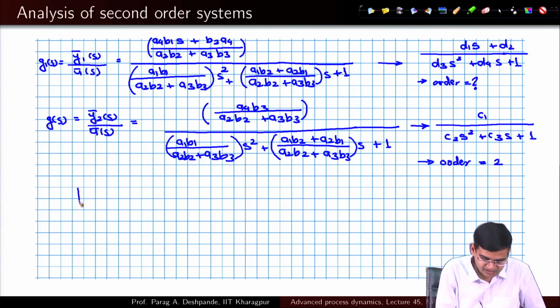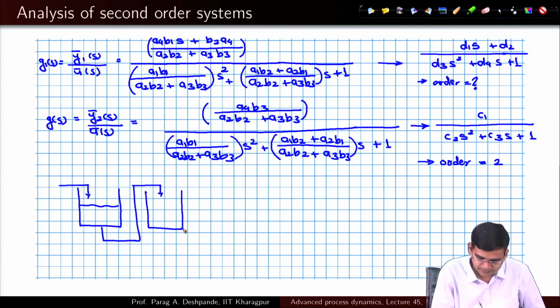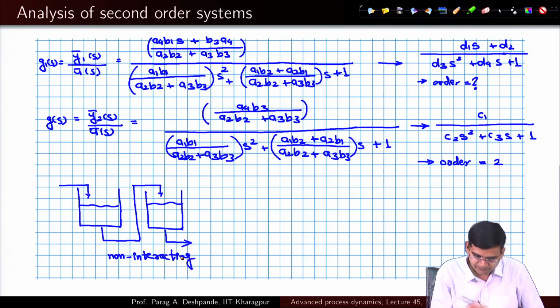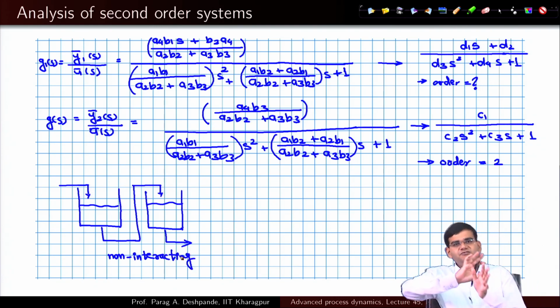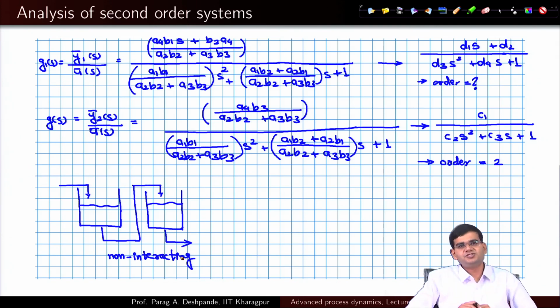Therefore, the arrangement which is given like this is called a non-interacting system, because if you remove any of the tanks downstream, the dynamics of the tanks upstream does not change, it is immaterial, they are not interacting in fact.